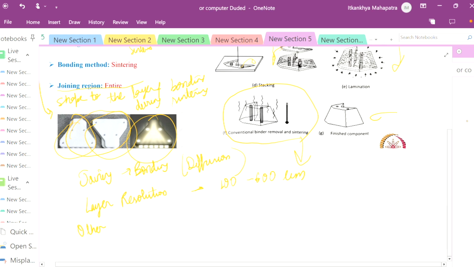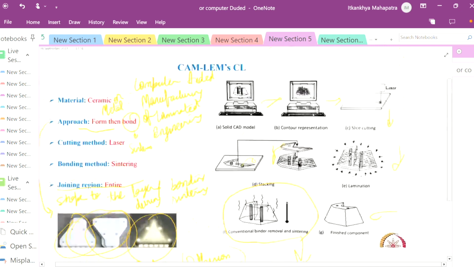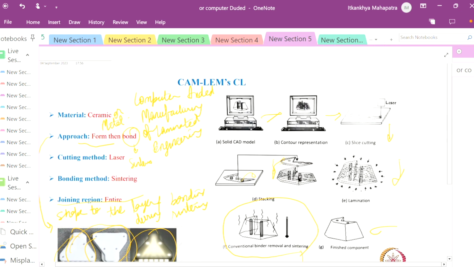In other processes it was 50 to 100 micrometers, and for epsilon, it varies from 20 to 30 or 50 micrometers. So this is the major difference for this process. First is that you have your form then bond approach, and the material, ceramic or metal, can be used, and the bonding method is simple.